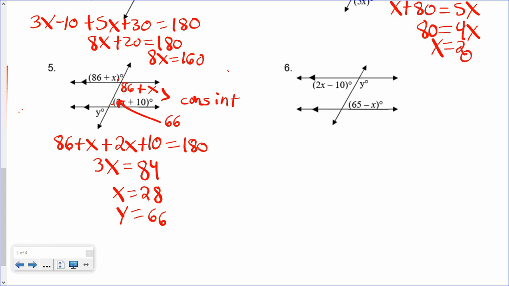And then divide by x. 2 times 25 minus 10. 40. Wait, why is it 40? Okay, because y is 40. Is it 25? Because x is 25.